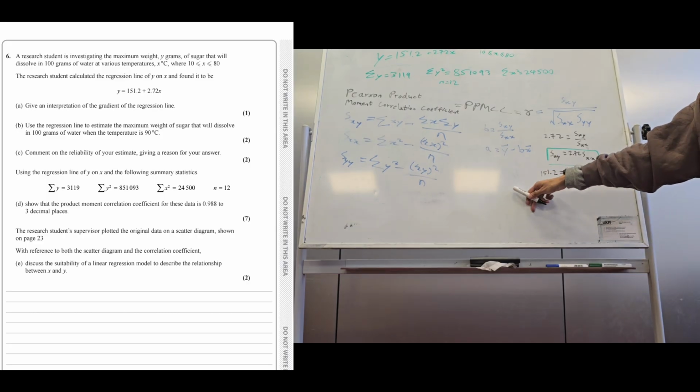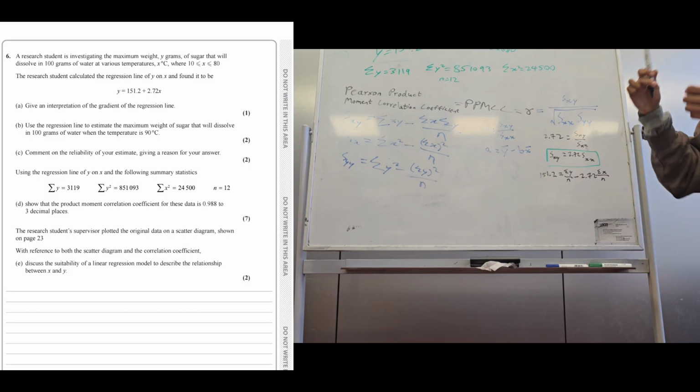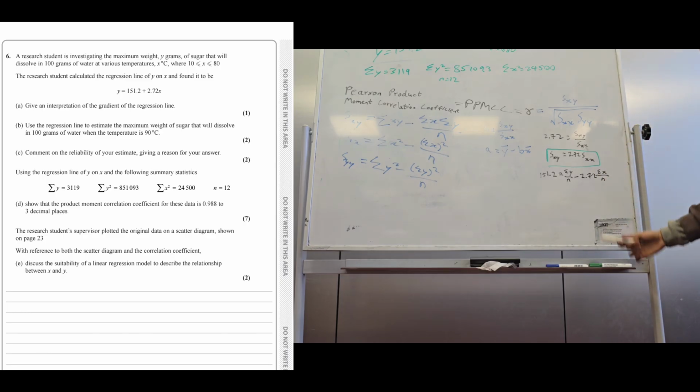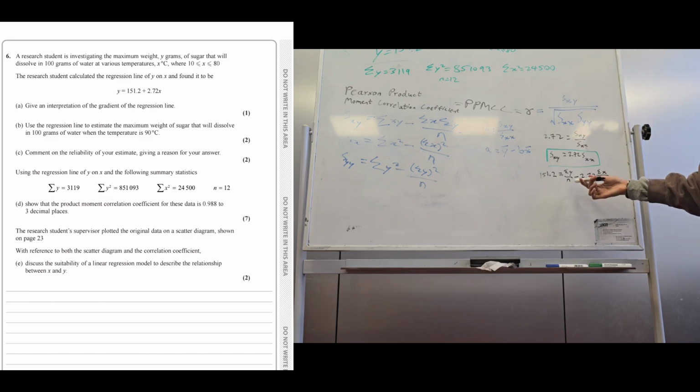Because y bar is the average of y. The average of y is the summation of all y, you add every y together divided by n. Or you can just memorize the formula that y bar is equal to summation of y over n. Same with x bar. X bar is the average of all x, the mean of x, meaning that you add up all the x together and then divide by n. Or just remember the formula.